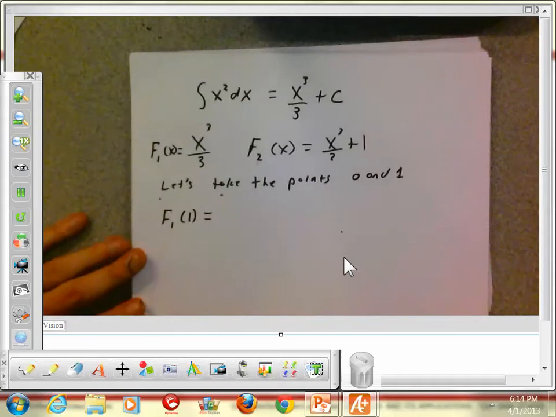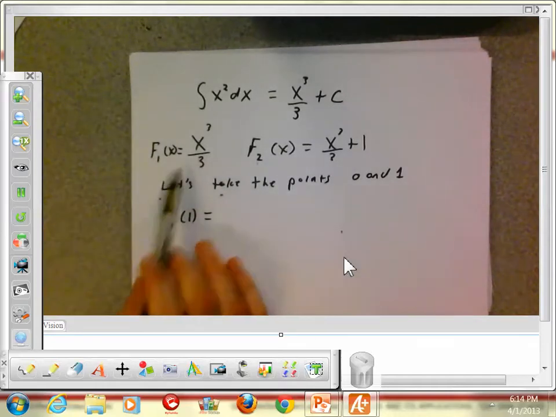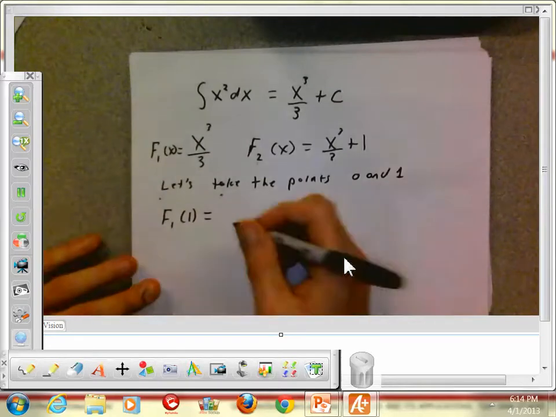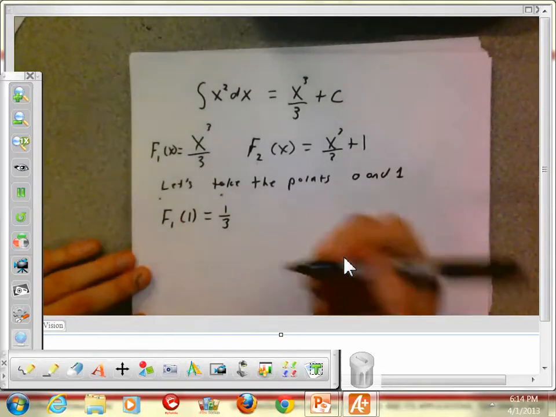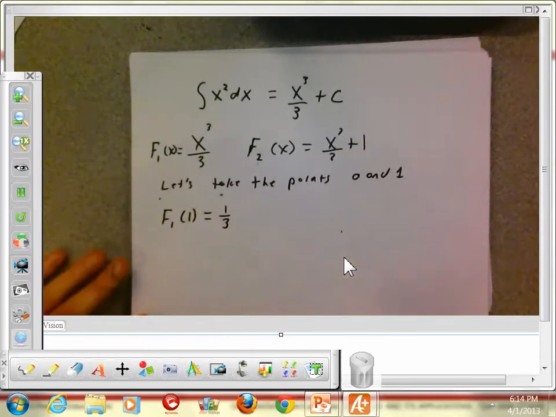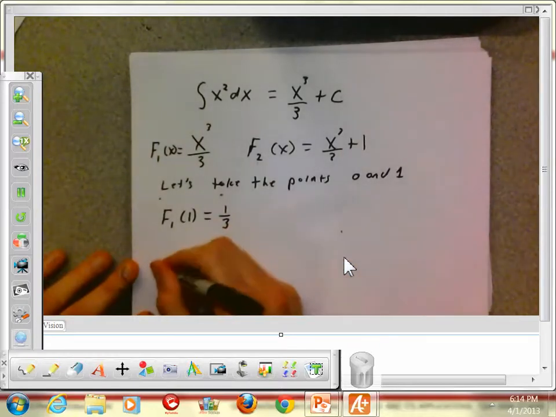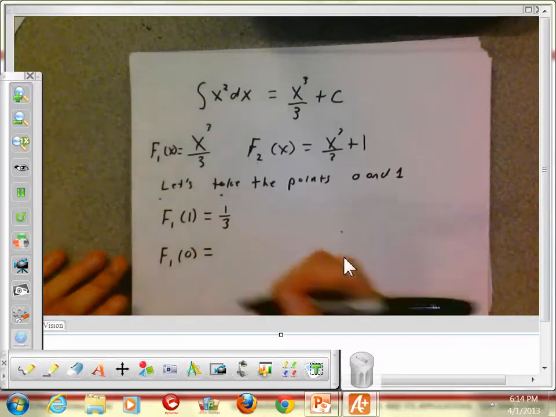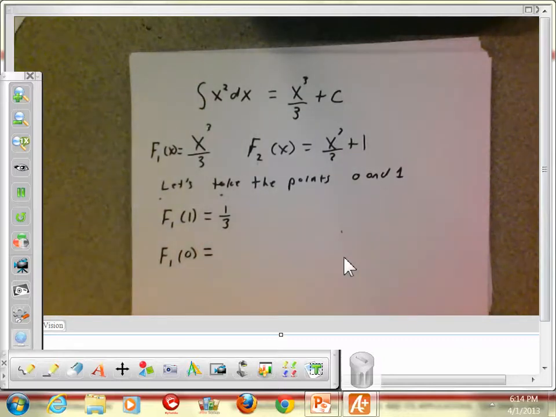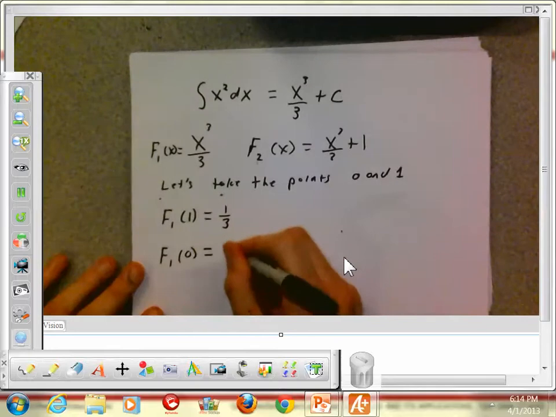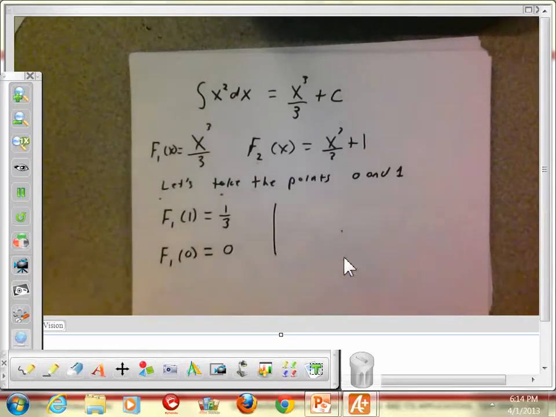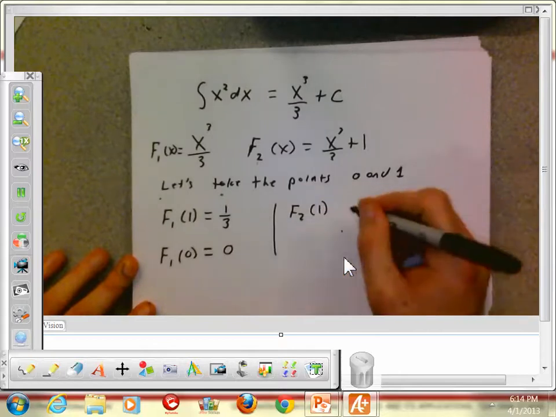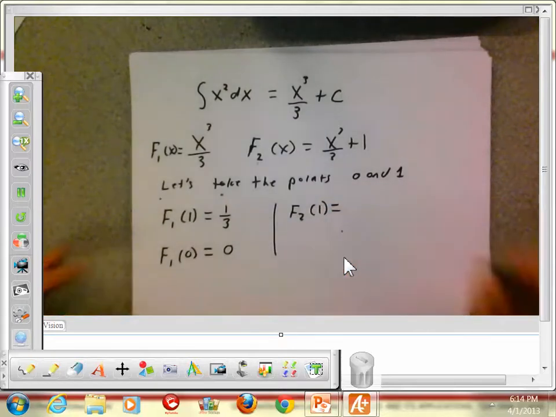If I look at my first antiderivative and plug in 1, what is it? 1/3. And f1 evaluated at 0? 0. Now the other antiderivative: f2 at 1.